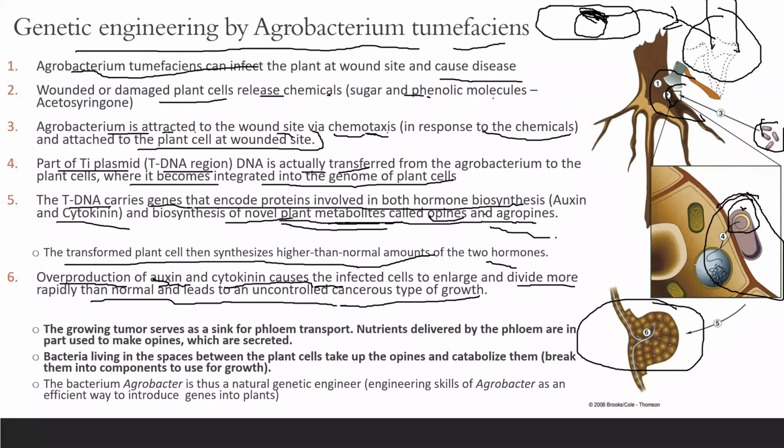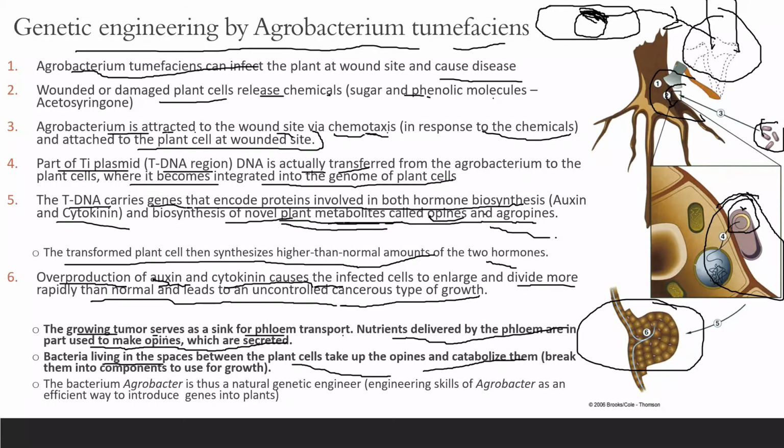Also, this growing tumor serves as a sink for phloem transport. Nutrients delivered by phloem are in part used to make opines, which are secreted. Bacteria living in the spaces between the plant cells take up the opines and catabolize them.